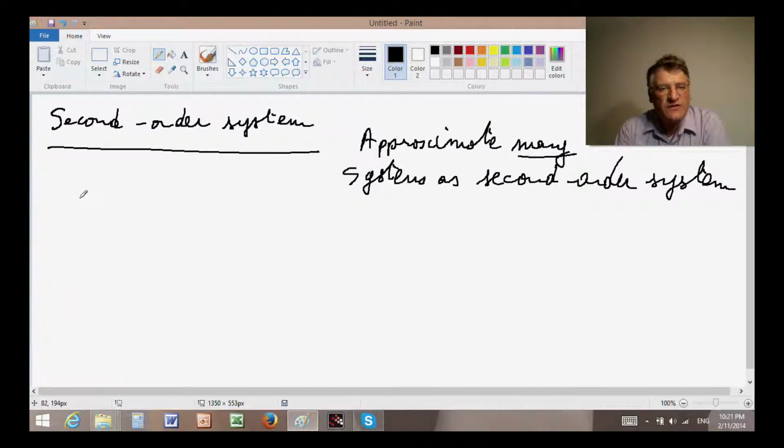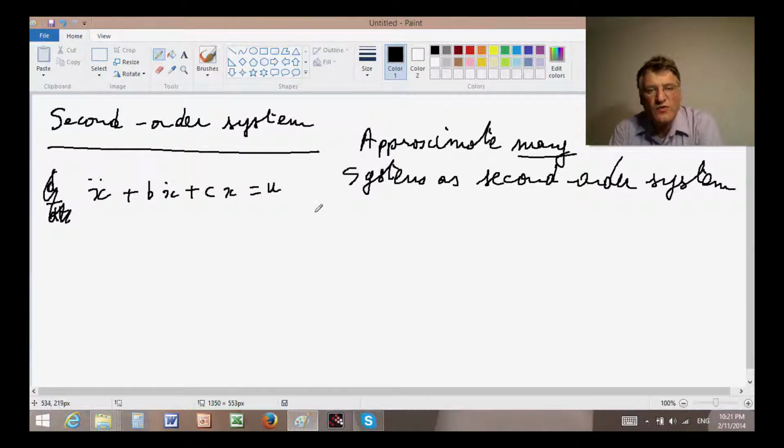Now, a second-order system is typically of the kind x double dot plus b x dot plus c x is equal to u. We have seen many systems that do that: mass spring systems, also pendulums.